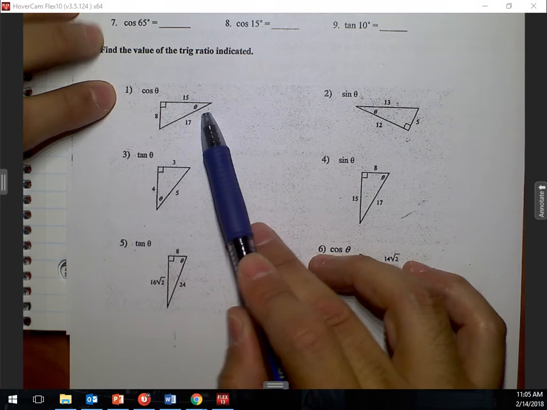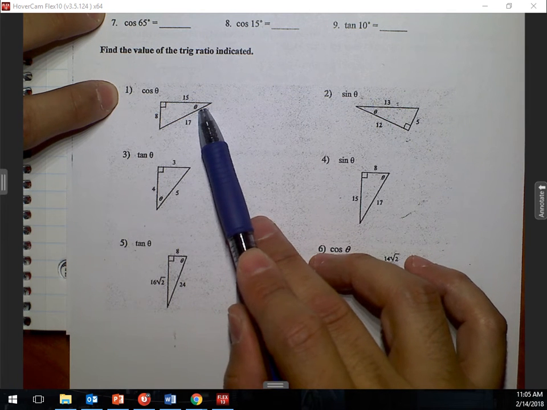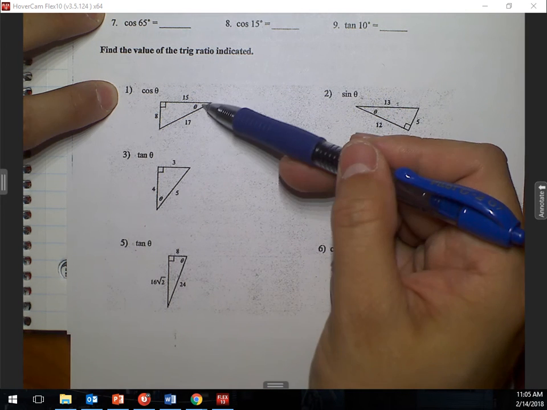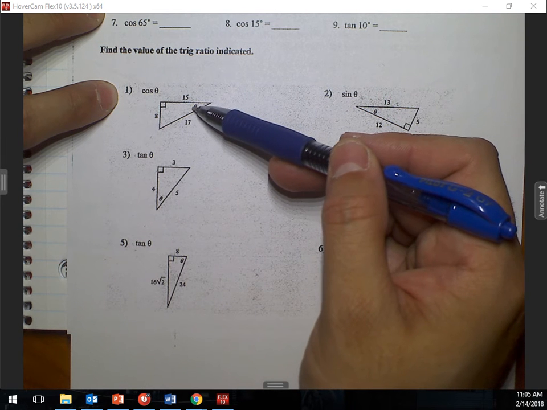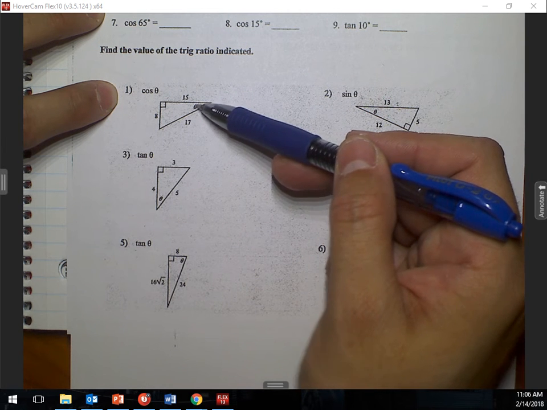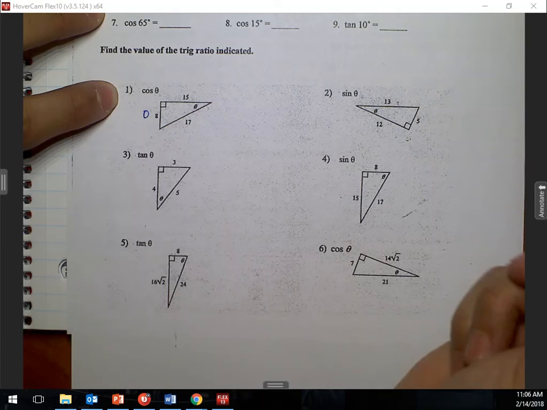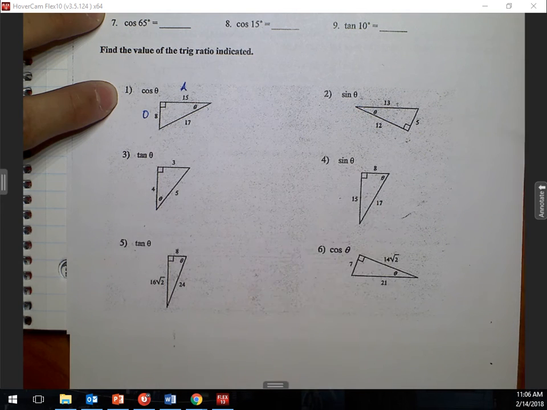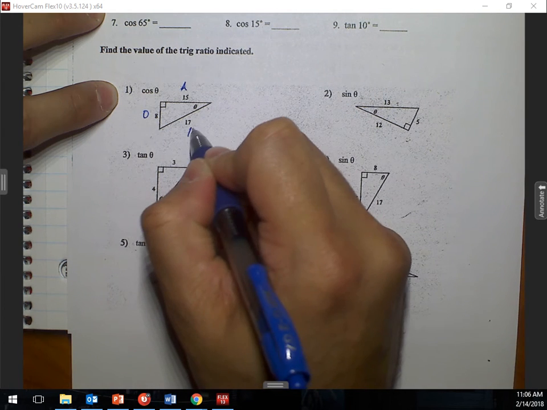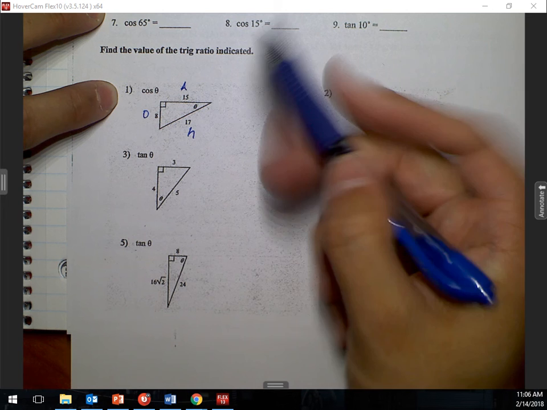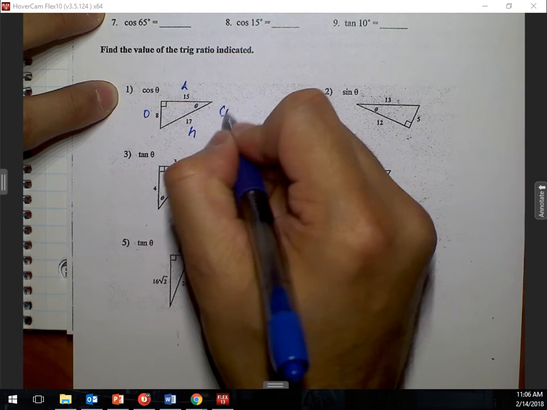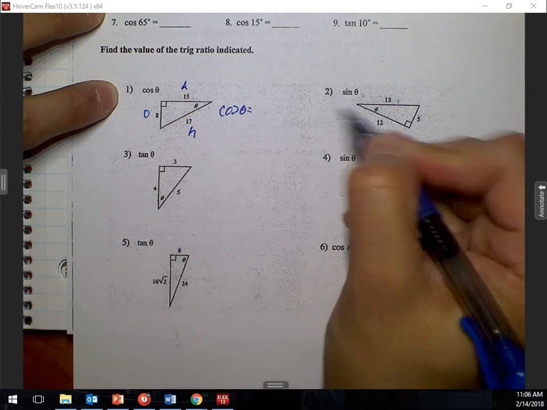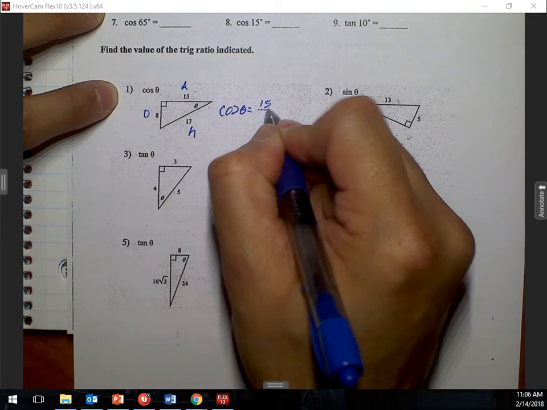Now, on these ones right here, label your triangle first. If this is my angle, cosine is supposed to be adjacent over hypotenuse. Let's label it. First, this is my opposite. This is my adjacent. That is my hypotenuse. So cosine is adjacent over hypotenuse, so cosine theta is equal to 15 over 17.